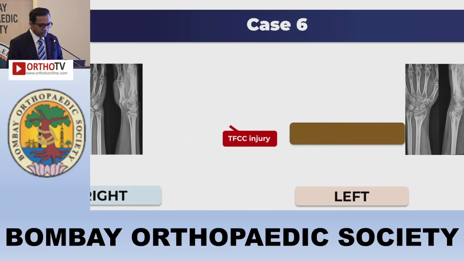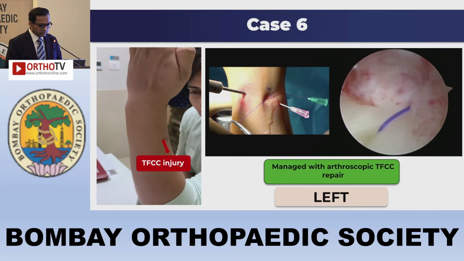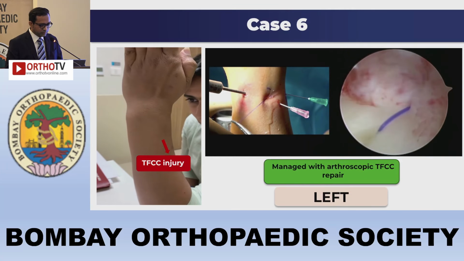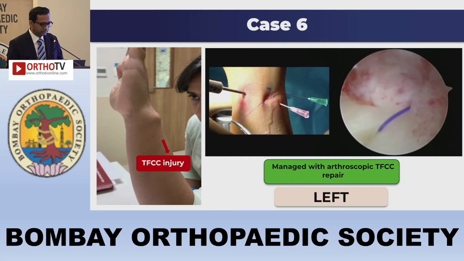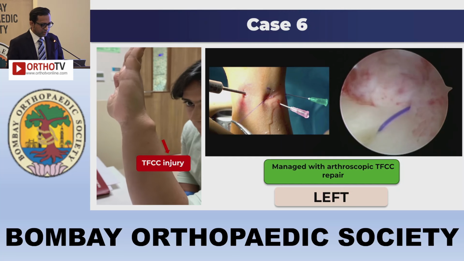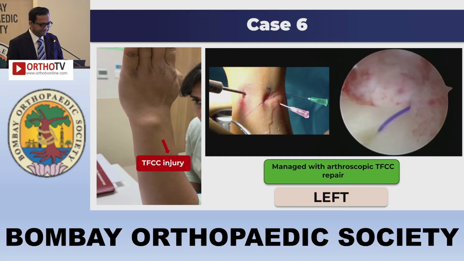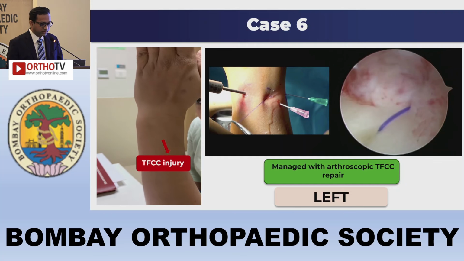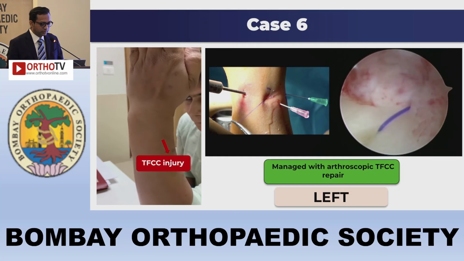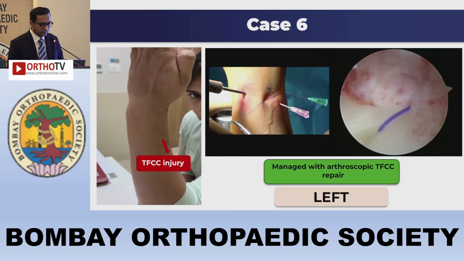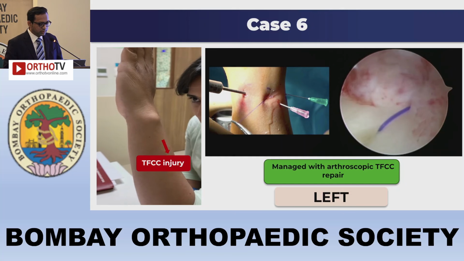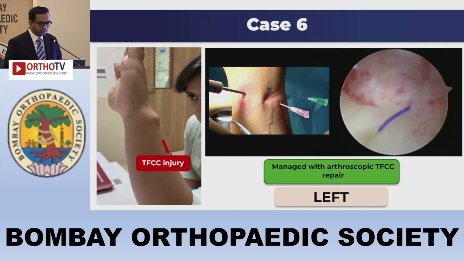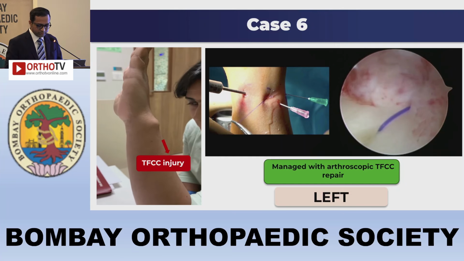So when I saw her left side, there is a click, ulnar head prominence, ballotment was positive in all the pronation, supination. So she went on, we did the MR, there was TFCC foveal tear, which was repaired, transosseous suture.